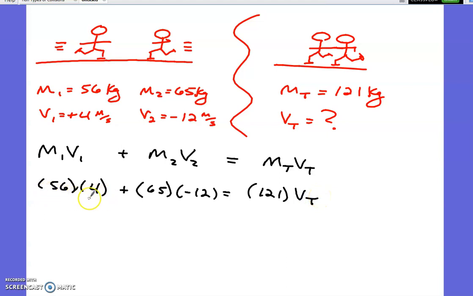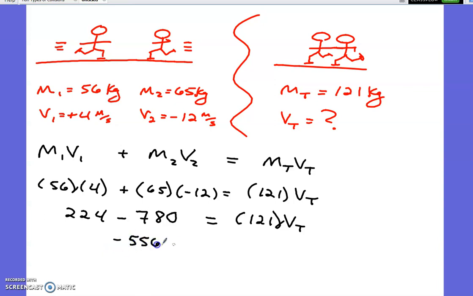Now we solve. 56 times 4 comes out to be 224. This is going to be a plus negative, or minus, 65 times 12, which is 780. That is equal to our 121 times our unknown. We solve here 224 minus 780 is negative 556.